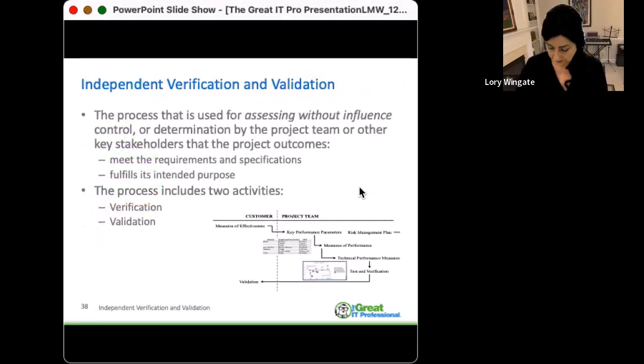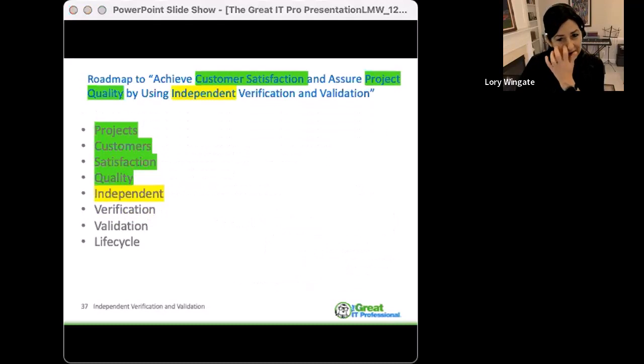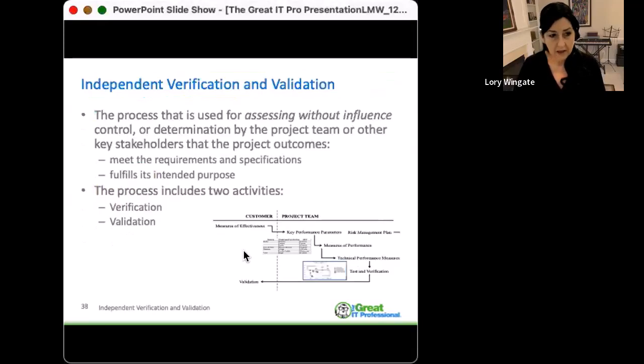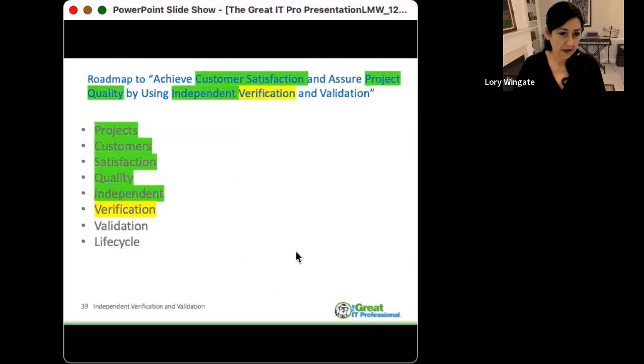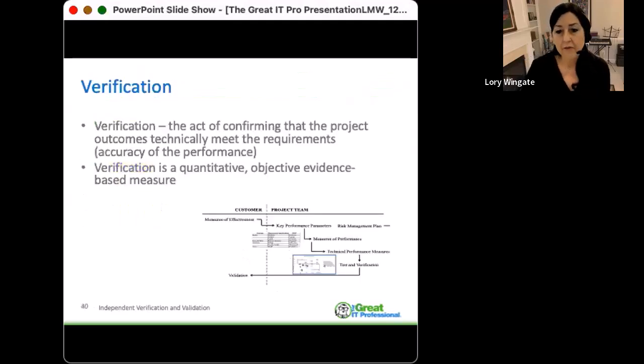So verification is a quantitative, objective, evidence-based measure. Verification is the act of confirming that the project outcomes technically meet the requirements. It is the accuracy of performance we want to understand.